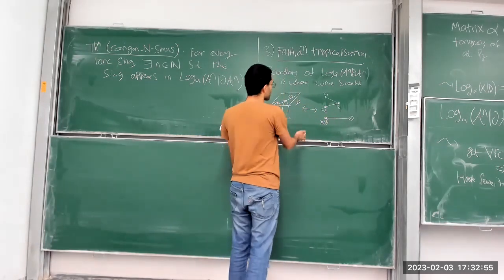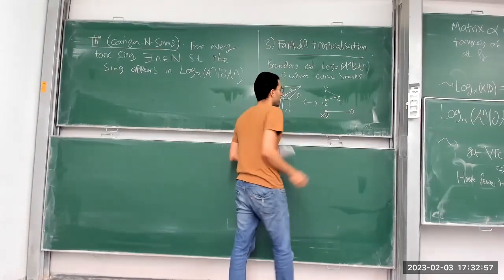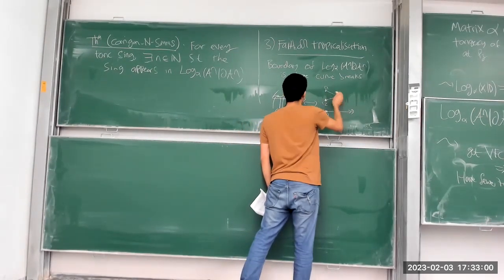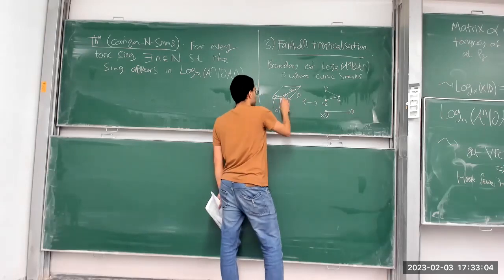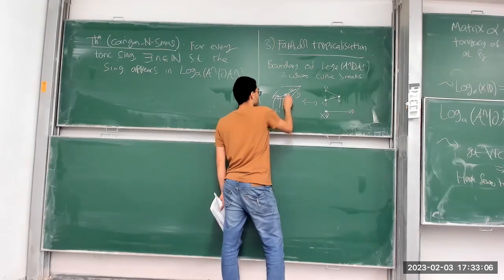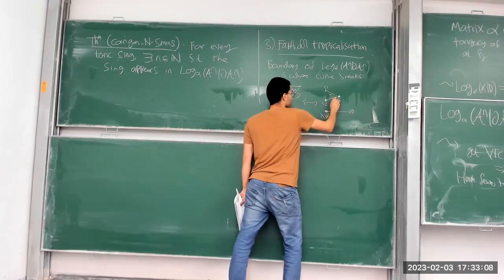And then there are some numbers here, the expansion factors, and these correspond to the tangency orders at these nodes. Let's say this has tangency, I don't know, 4 and 5, and these expansion numbers would be 4 and 5.